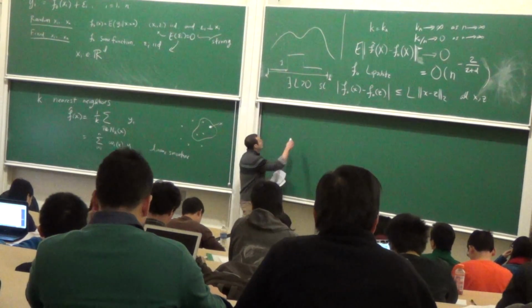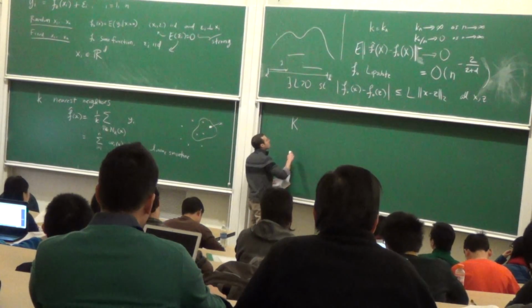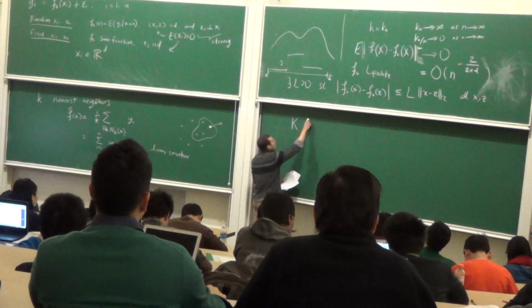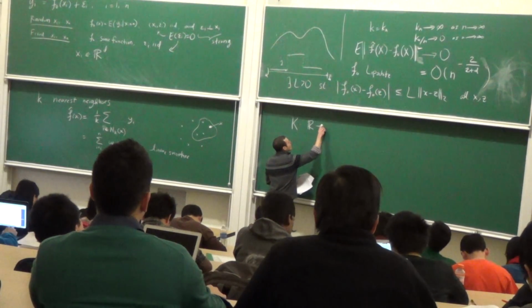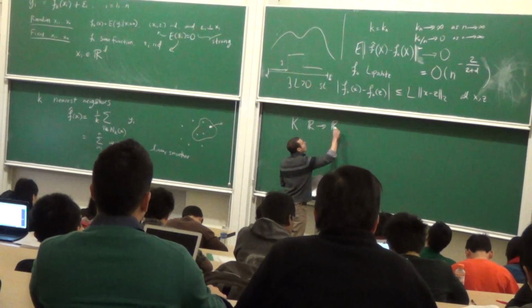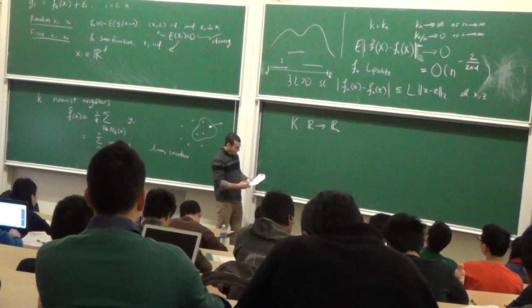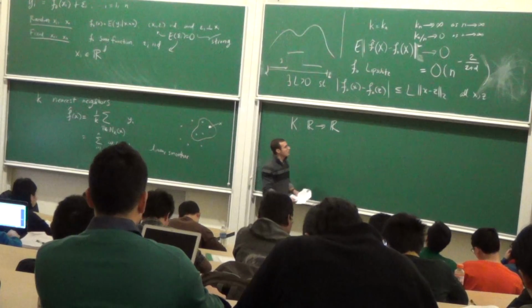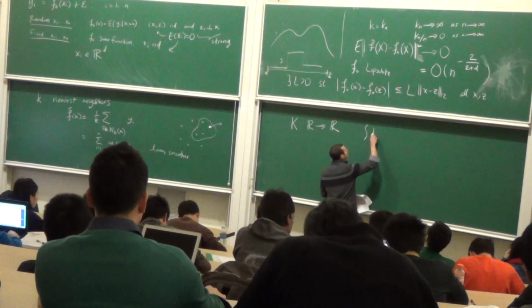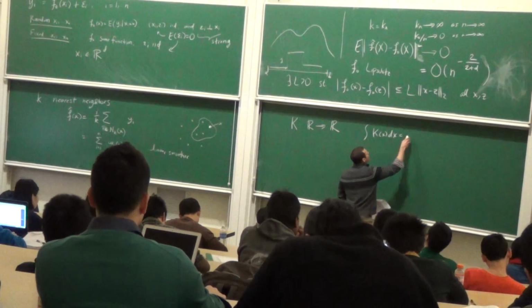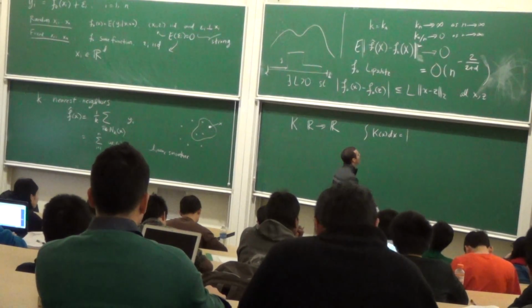So we're going to start with a kernel function K. It's going to be a function from R to R. Generally, it'll be a function from R^d to R for some d. And it's going to have a few properties. I think we might have already written these down, but I'll write them for completeness. It has to integrate to 1.